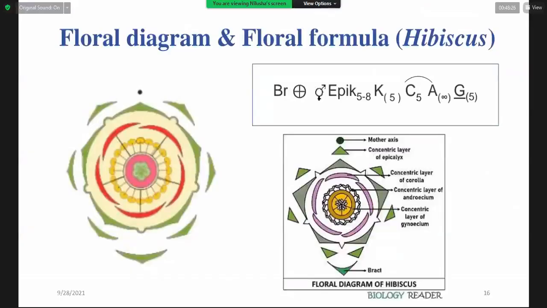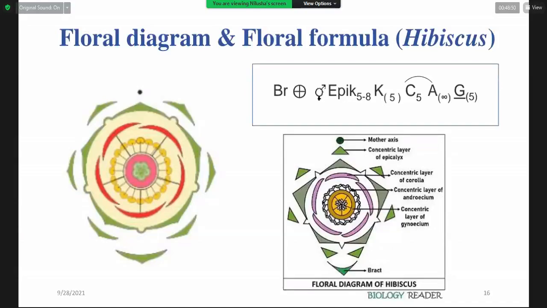Now we are going to see the floral diagram and the floral formula of the hibiscus flower. Here you can see that the flower has a bract. I already told you it is a bracteate flower, no?